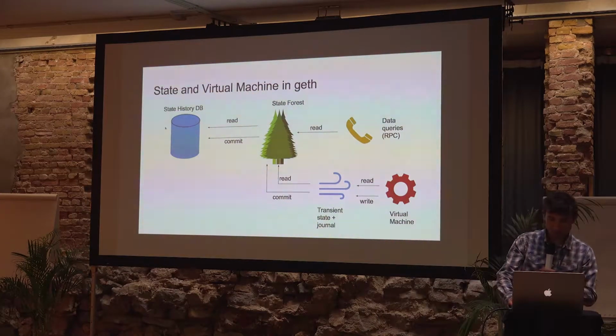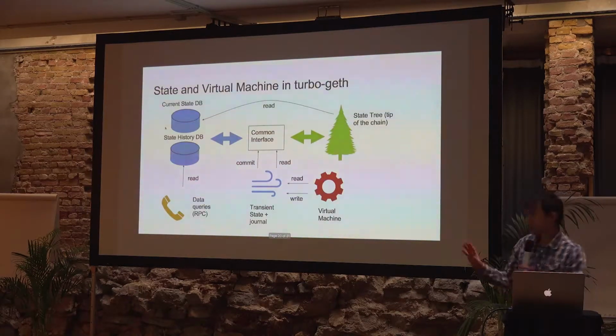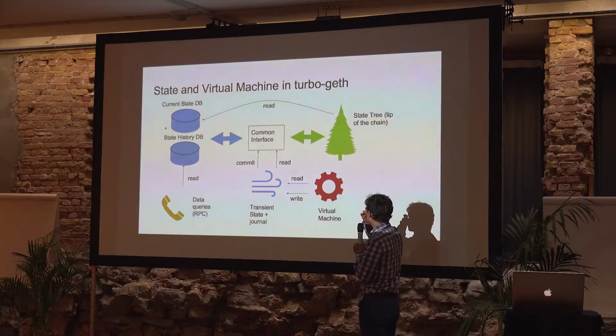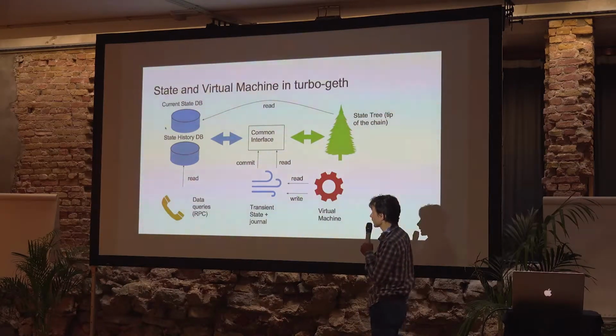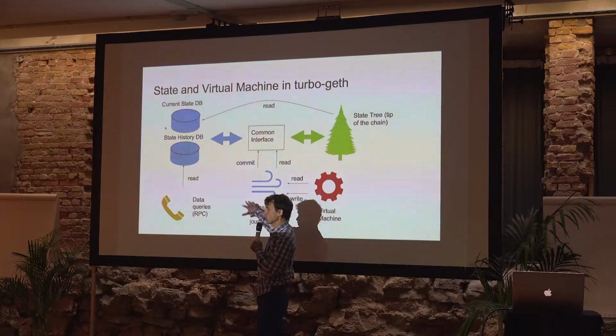So now let's look at the... actually, let's change the order. Let's do this first. This is what I ended up with at the moment in TurboGeth, where these parts are pretty much the same code.